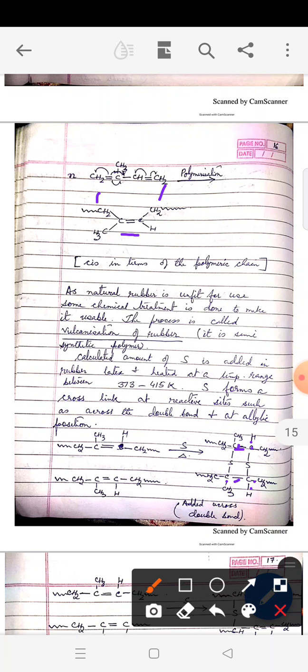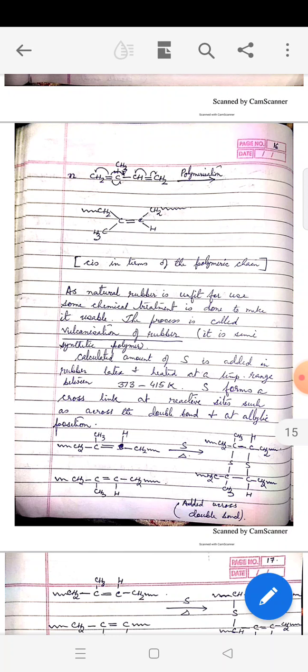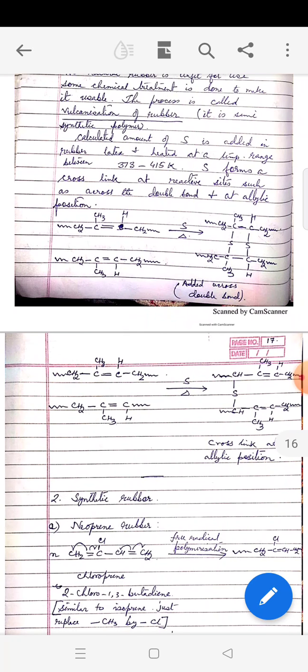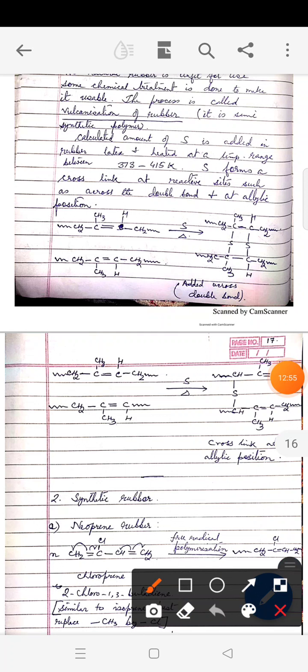That's why we call it a semi-synthetic polymer. So this way the sulfur gets introduced between the double bonds of the two layers, and it becomes fit for use. The other way sulfur can get introduced is at the allylic position.